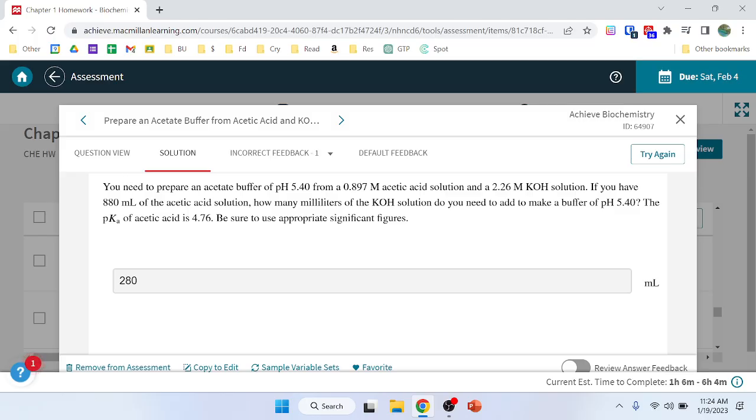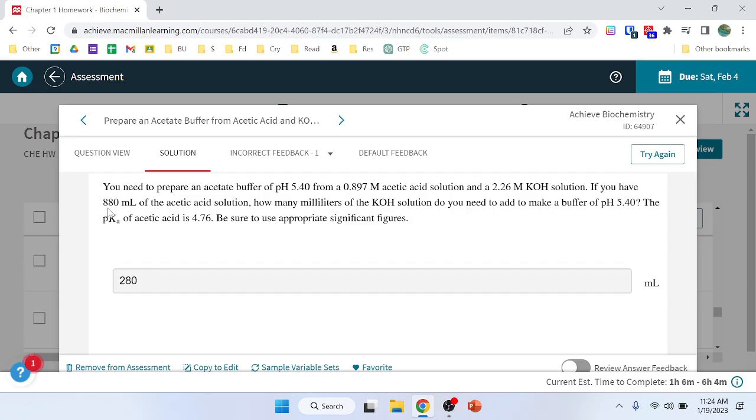Okay, so you need to prepare an acetate buffer of 5.40 pH from this molarity of acetic acid and this molarity of KOH solution. So this is going to end up being your ratio, right? But you got to include volumes into it too because you're adding those two together, okay?